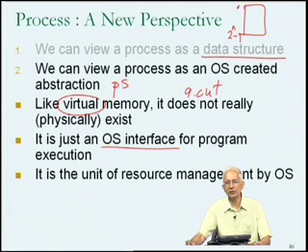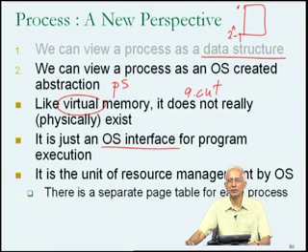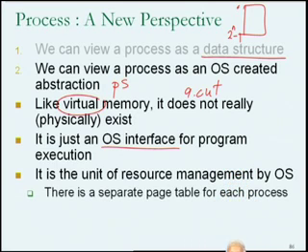And the operating system is basically managing, for example, virtual memory in units of processes. Each process has a page table. It's managing the CPU time in units of processes, and so on. So the different resources of the computer system are managed by the operating system on a per process basis. So in that sense, we can view the process, in this interface with the operating system from the person running programs, just as a unit of resource management. As for example, there is a separate page table for each process.